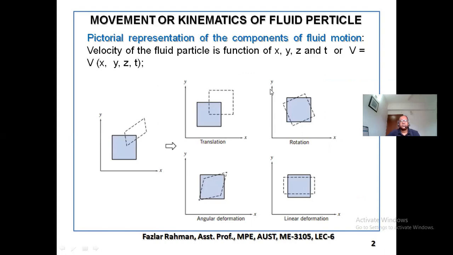Okay. So right over here, I am just trying to show you a fluid element at time t, right at this point. Then after time delta t, it is deformed like that. So actually what happened?